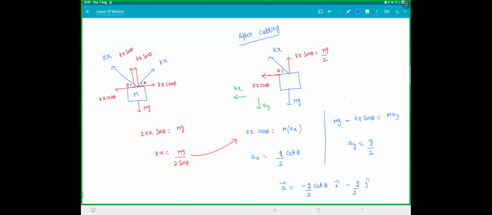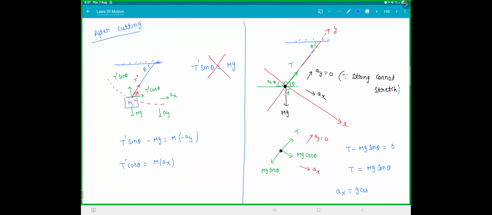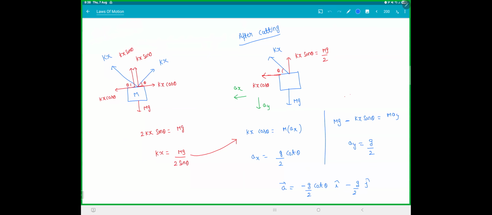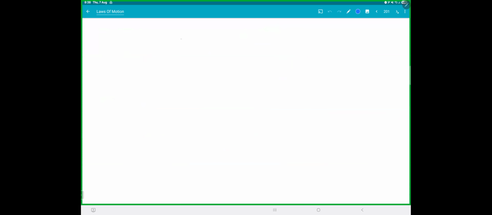Have a look at the steps. So this is the difference between a string and a spring. If you see the last question that we did, in case of a string, the string could not stretch in this direction because the length of the string is constant, but the length of the spring need not be constant. So if you actually try to see this motion, it would look something of this sort. This thing is coming down also and swinging also. So this is not a circle, this is something else.